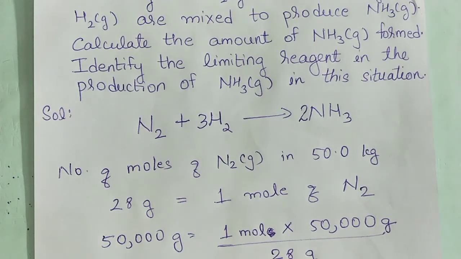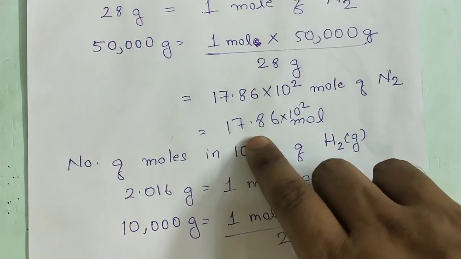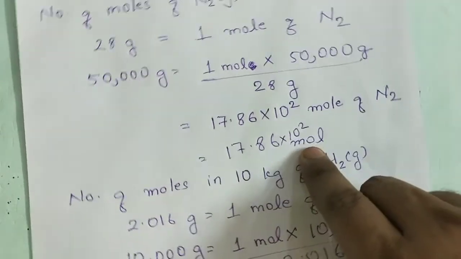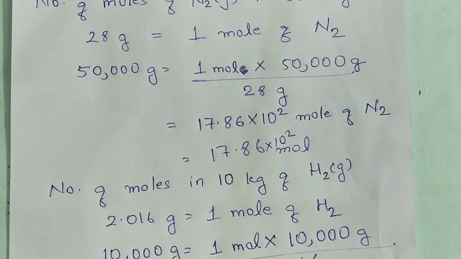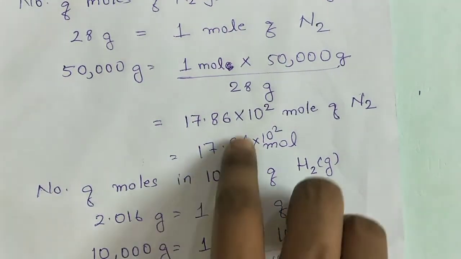So, you have 17.86 into 10 to the power 2 mole of N2. If I multiply this by 3, it should give me a number of moles which will lead to a balanced chemical reaction. Let us see what that value comes out to be. So remember, it is 17.86 10 to the power 2 mole.